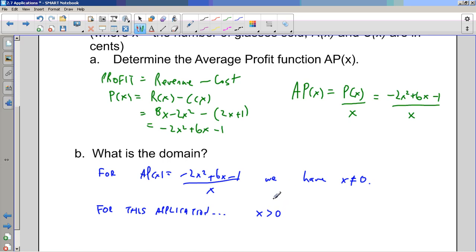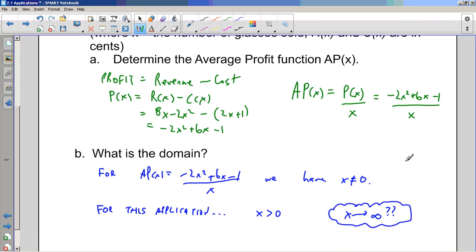Even further than that, if it's just Ferd working, could x be a billion? Is Ferd going to be able to make a billion glasses of lemonade? Probably not. There's probably some cutoff as x goes to infinity. Is that possible? We couldn't tell.